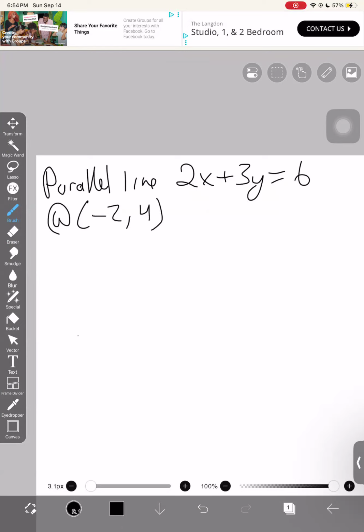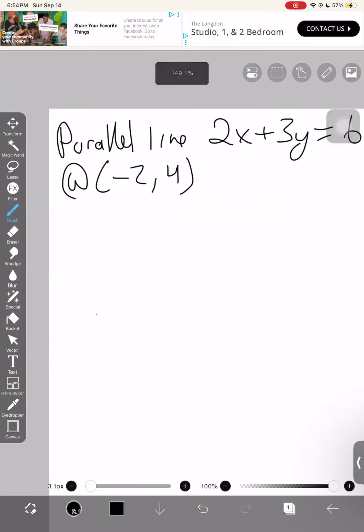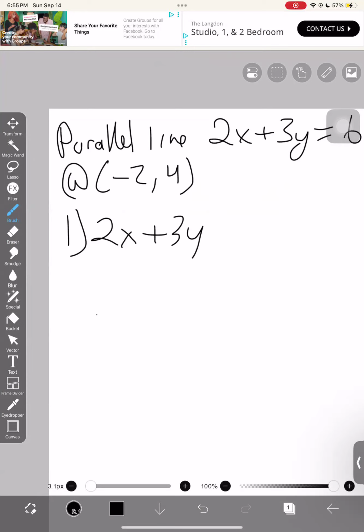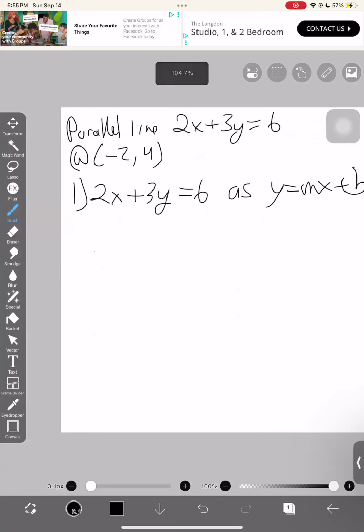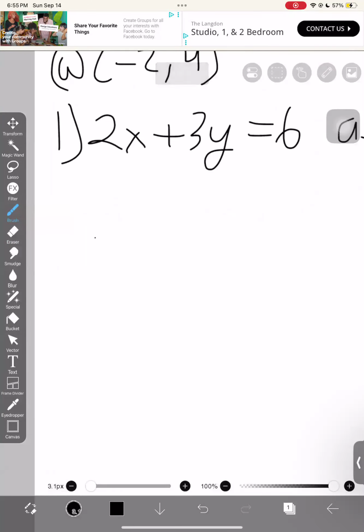So our first goal, our first step is to rewrite 2x plus 3y is equal to 6 as y equals mx plus b. That's our first goal. Let's do that.